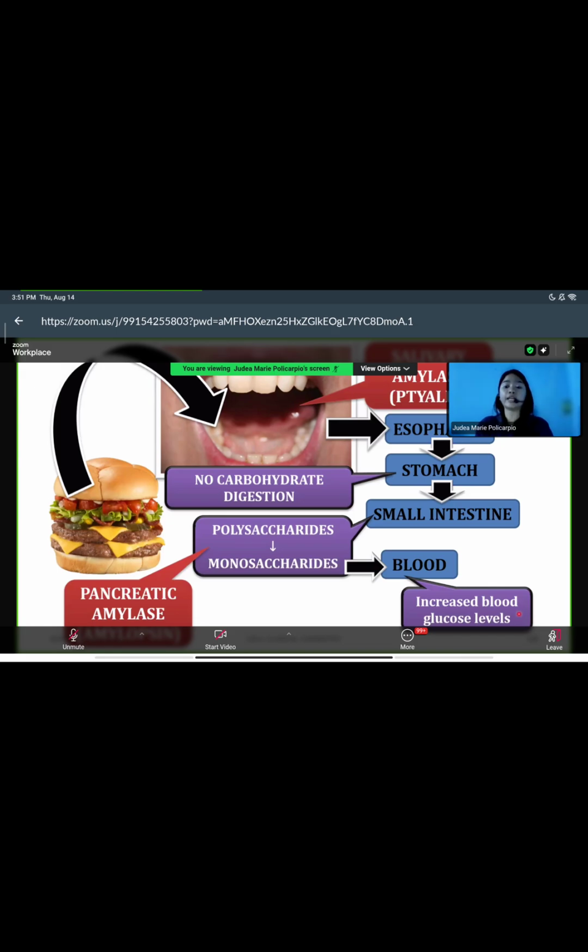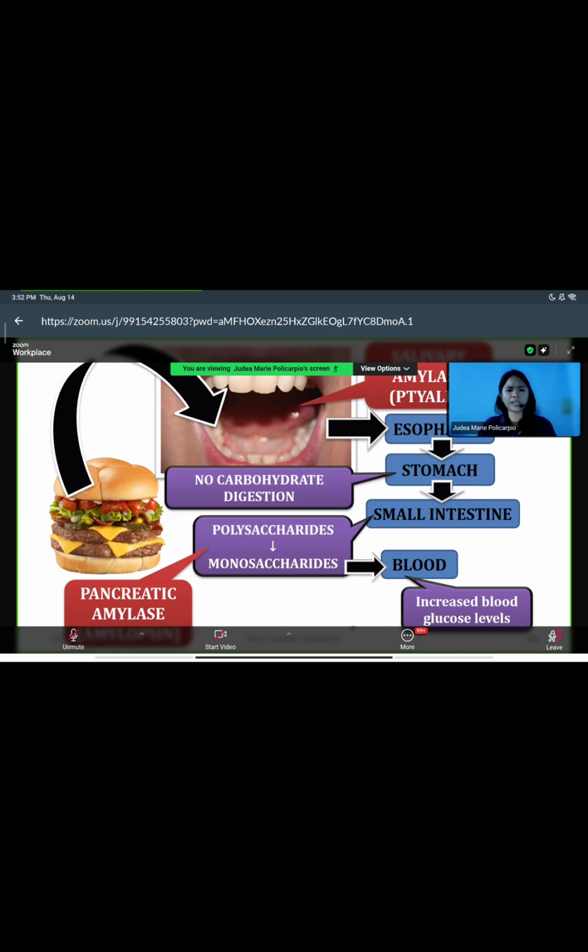Usually nangyayari yan around 30 minutes after nating kumain. So 30 minutes after nating kumain, expect na tataas ang sugar natin in the circulation. Expect na magkakaroon ka ng postprandial hyperglycemia 30 minutes after kumain. Pero syempre, sabi natin, dapat temporary lang yan. Hindi dapat palagi or matagalang mataas ang glucose natin in the blood.